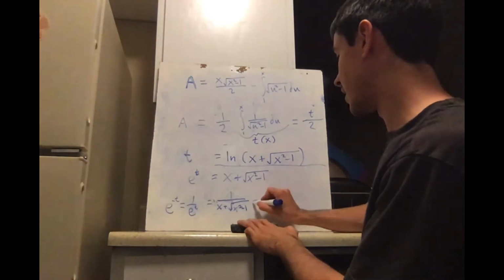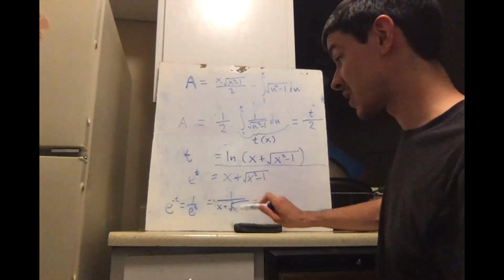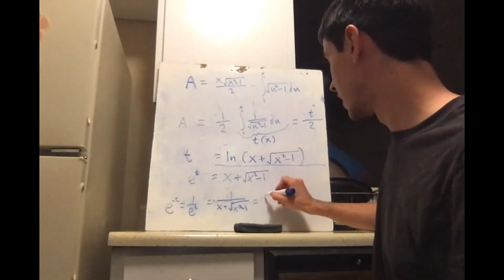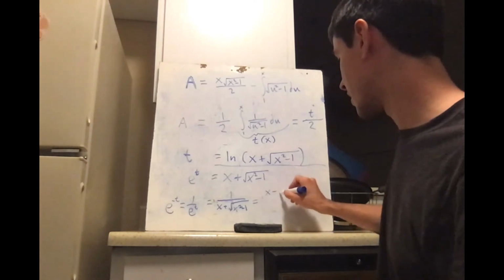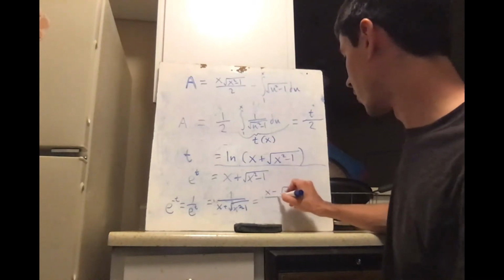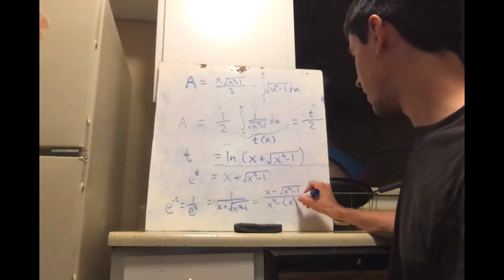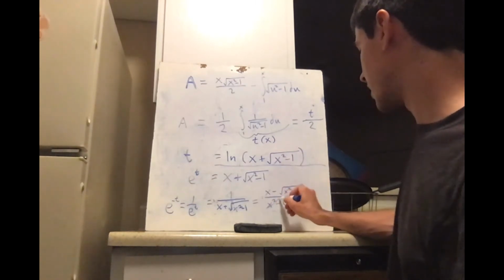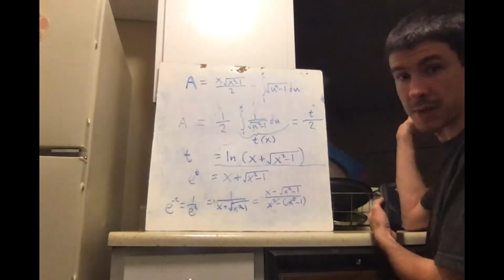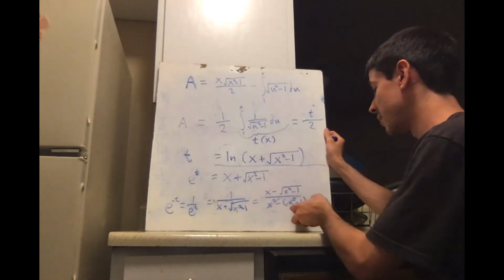Then if we rationalize the denominator by multiplying both numerator and denominator by x minus the square root of x squared minus 1, what we end up with is x minus the square root of x squared minus 1 over x squared minus x squared minus 1. Well, the x squareds cancel, and then we have a minus minus 1, which just all comes out. So everything in the denominator comes out to positive 1, because a minus and a minus is a plus.